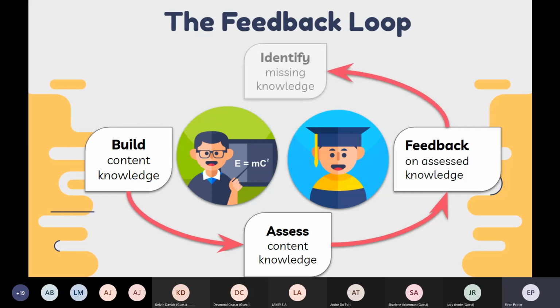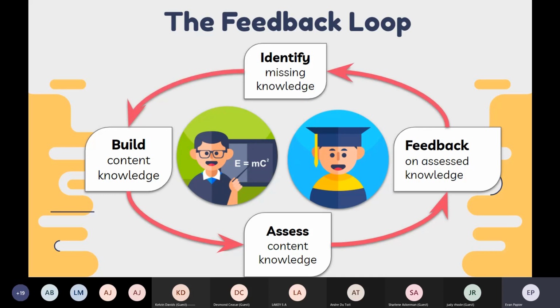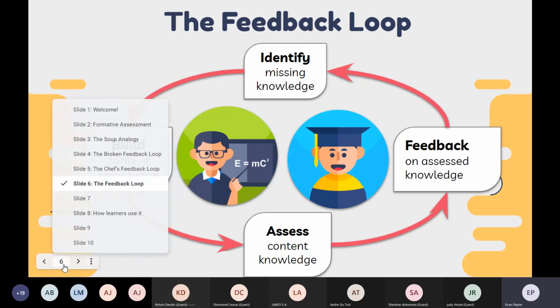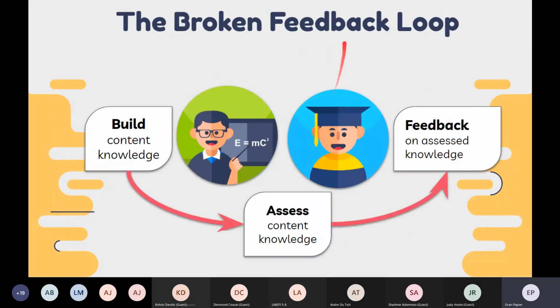And then we add another part, which is to identify the missing knowledge. In the previous one that we had about the chef, we did not have this one. Remember, we only have those three: build content knowledge, we teach them, we assess, and we give feedback, and that's it.